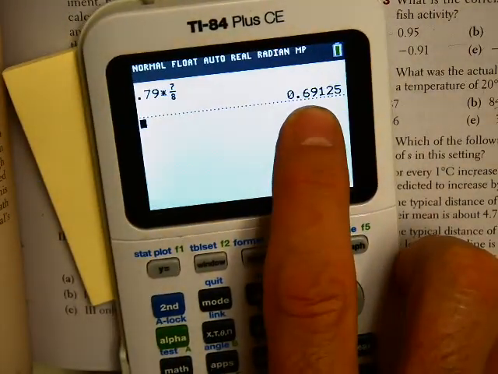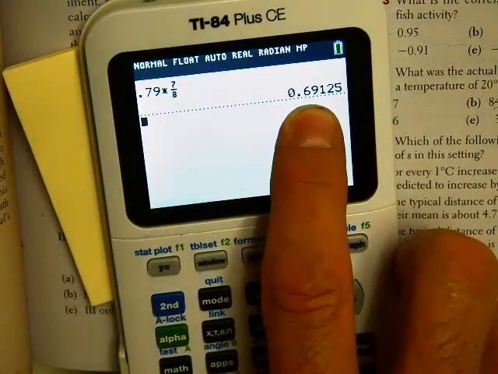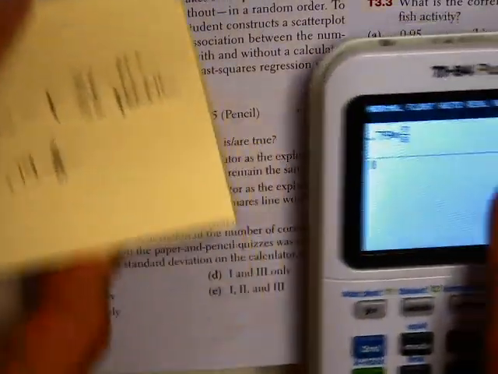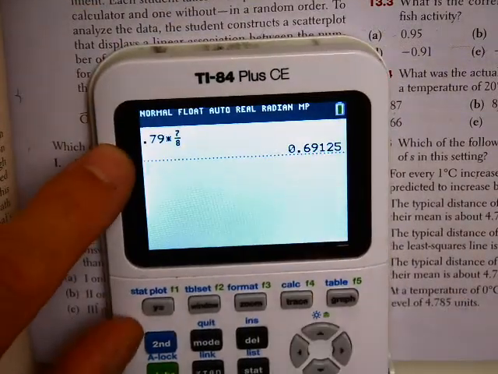There we go. So for the slope to actually be bigger, I must be multiplying by a number that's greater than 1.